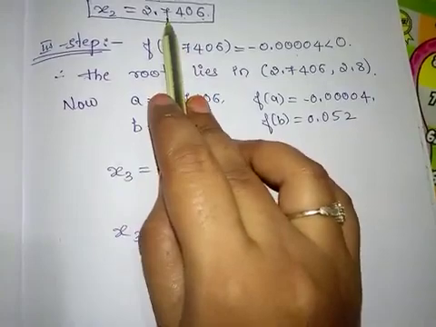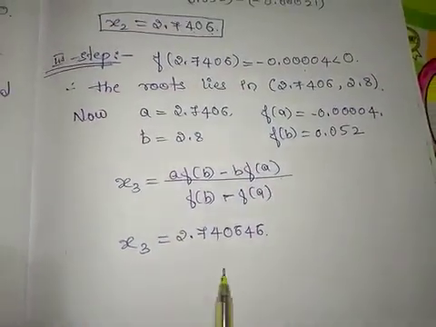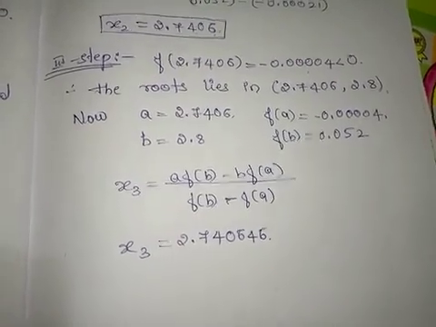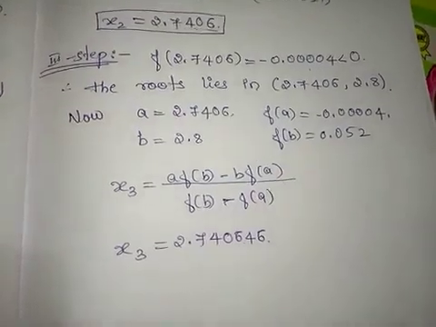See, x2 is 2.7406, x3 is 2.7406. Here we have to get the desired accuracy up to 4th decimal places. Means after the decimal point, 4 digits are same.